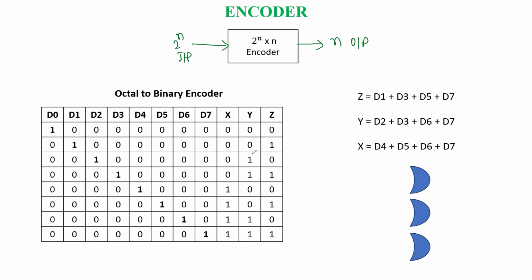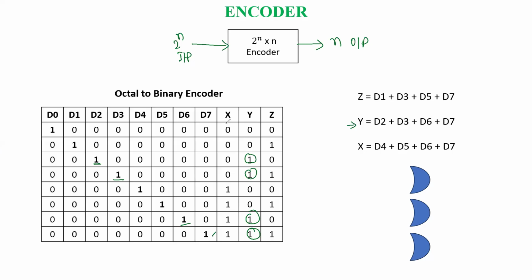When Y is 1, the corresponding input D2 is 1. Again, when Y is 1, D3 is 1. Again, Y is 1 with D6 is 1. Again, Y is 1 and D7 is 1. So that's why we are getting it like this.